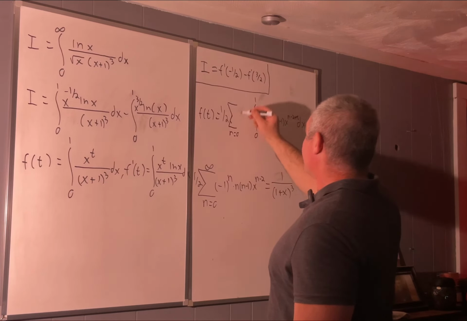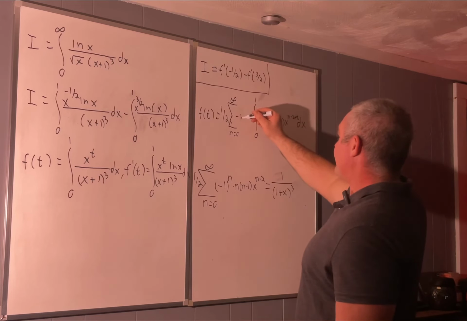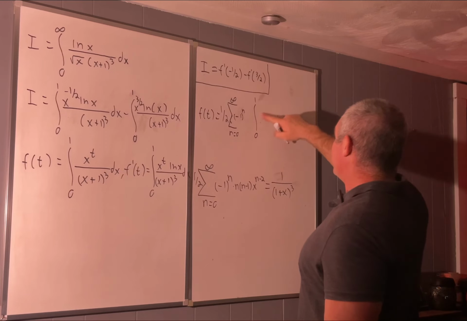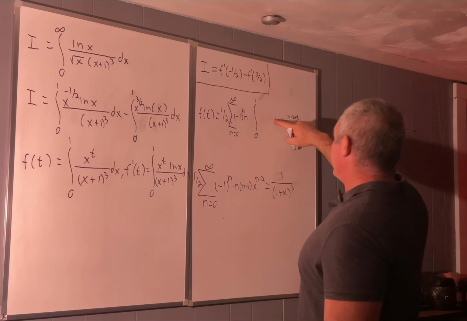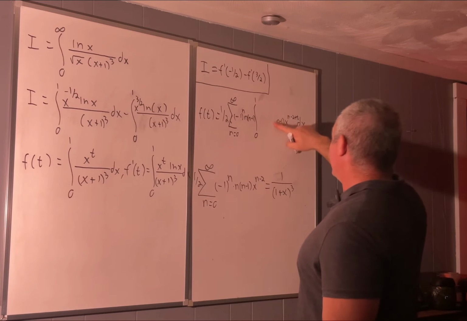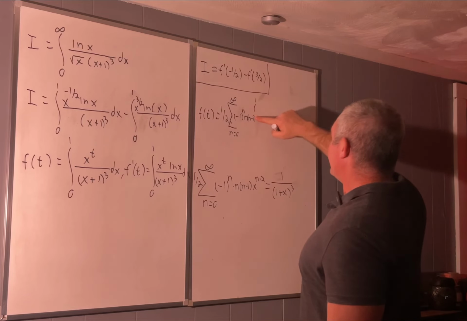N equals 0 to infinity. We'll bring out the negative 1 to the n, we'll bring out the n, and we'll bring out the n minus 1. And we'll move this integral over a little bit.